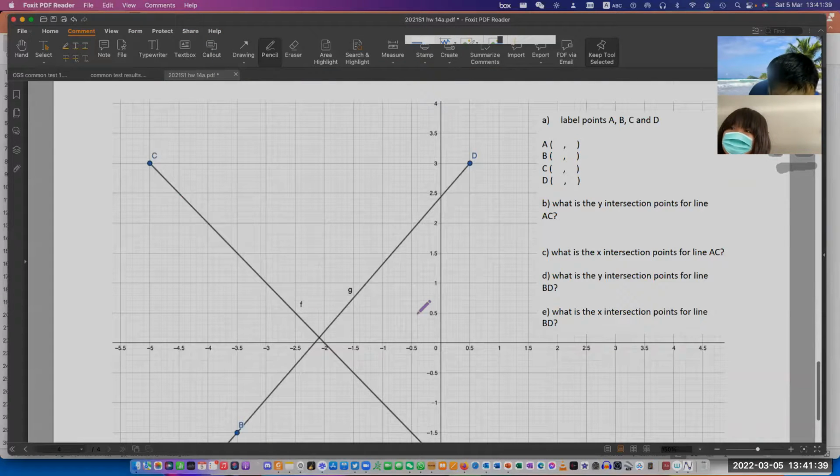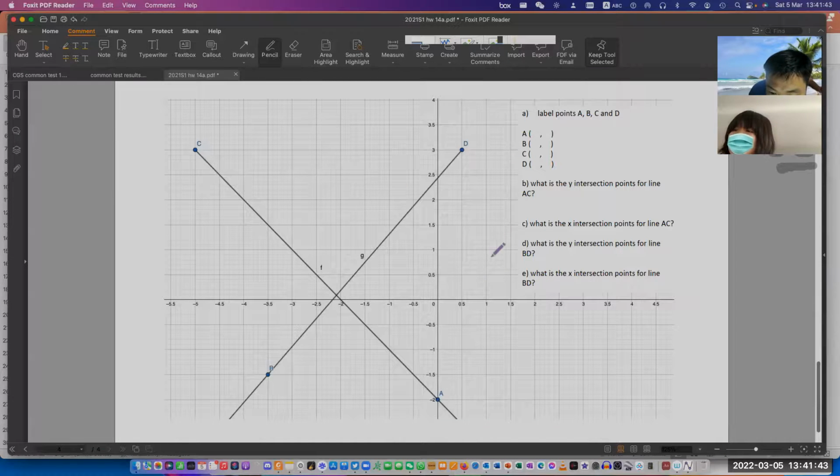Okay, this one is the most interesting. They ask you to plot the point A. So this is 0 and -2. Very simple.